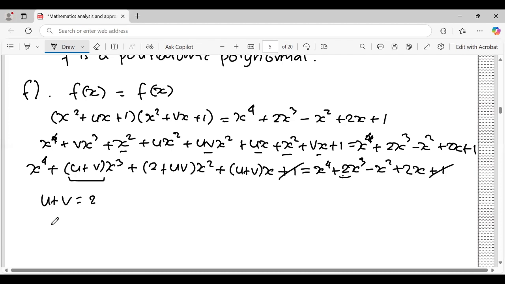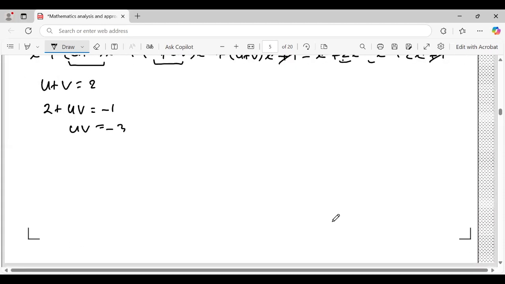And 2 plus uv equals minus 1, so uv equals minus 3. Now substitute u equals minus 3 over v into this equation.